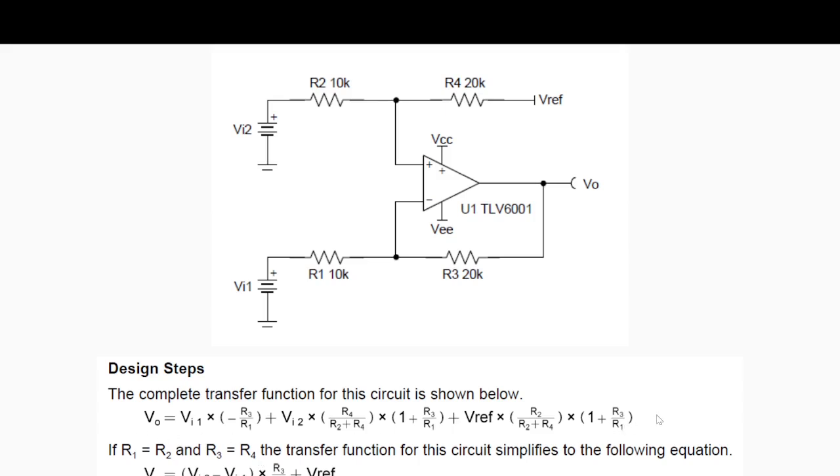In this particular case, VREF is connected here, and again it's very simple. Just make the assumptions that the input impedance is infinity and the output impedance is 0, and then you'll be able to find this equation, which you can further reduce to this particular equation. It's not expected that I'm going to give you this circuit and ask you to derive this equation. No, this is not the purpose of this course. So let's carry on.